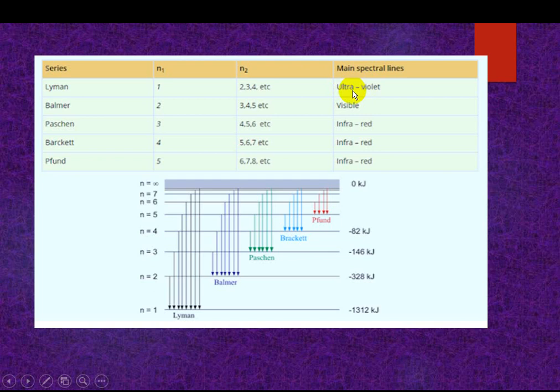Do you see this ultraviolet color, students? Lyman series, do we see it by the naked eye? Ultraviolet light, do we see it?